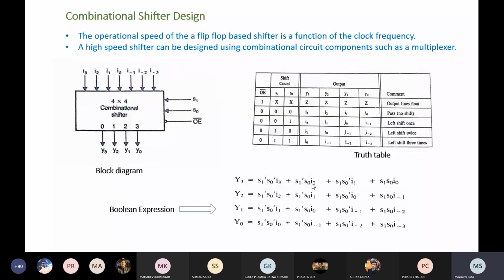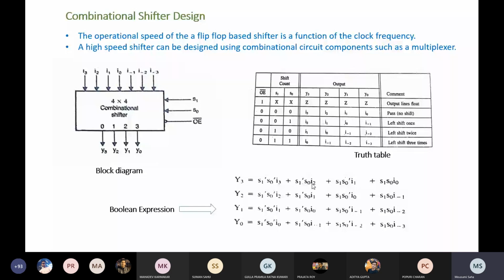So three times we want to shift to the left. For that reason, we need the extra 3 bits. In total, we have 7 inputs from the external environment: the 4 original I3, I2, I1, I0, and another 3 we require for shifting three times.